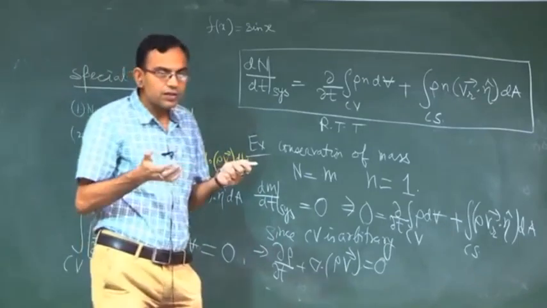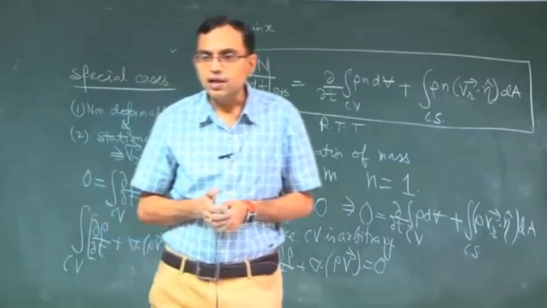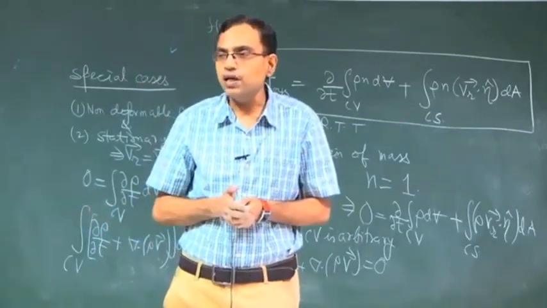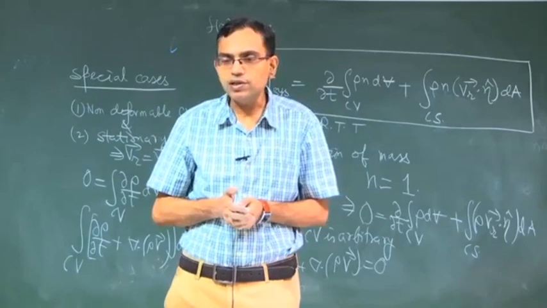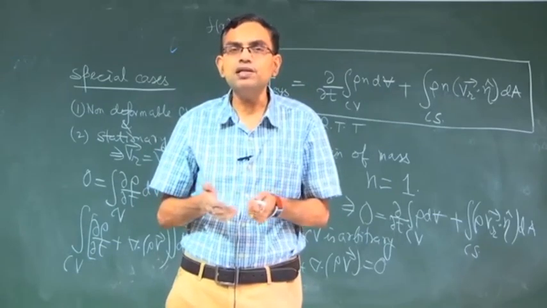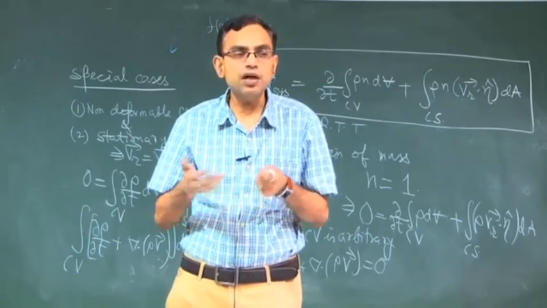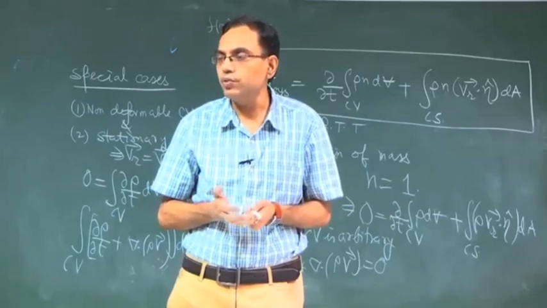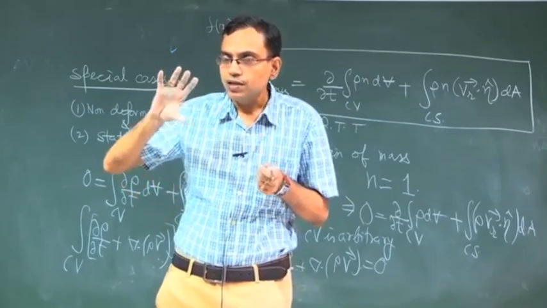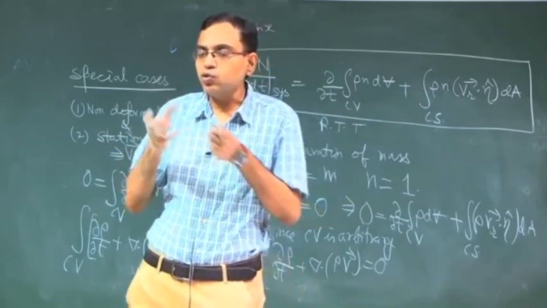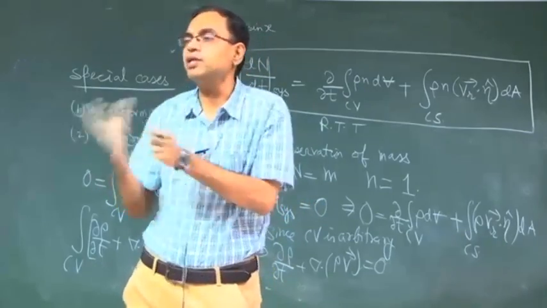So far today what we have studied is a general integral form of the conservation equation and its special application in deriving the conservation of mass, or the continuity equation, and we have learned a special technique of how to convert an integral form to a differential form.